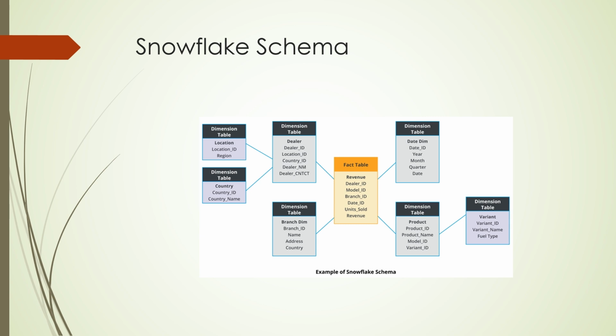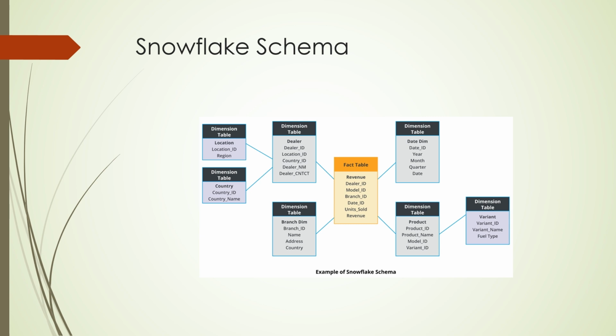The snowflake schema approaches it so that the primary key in the subdimension table relates to the foreign key within the higher-order dimensions.